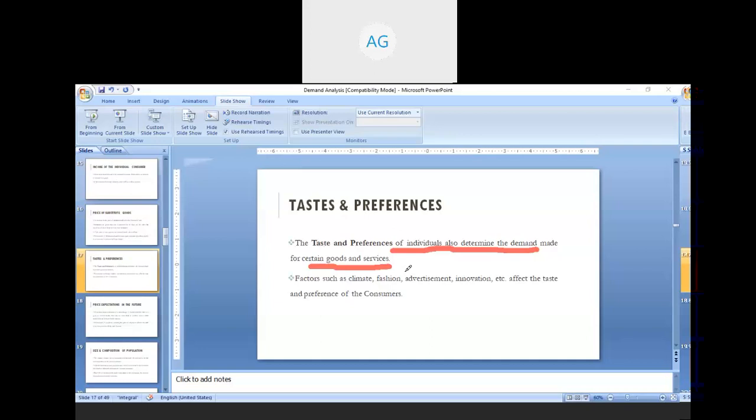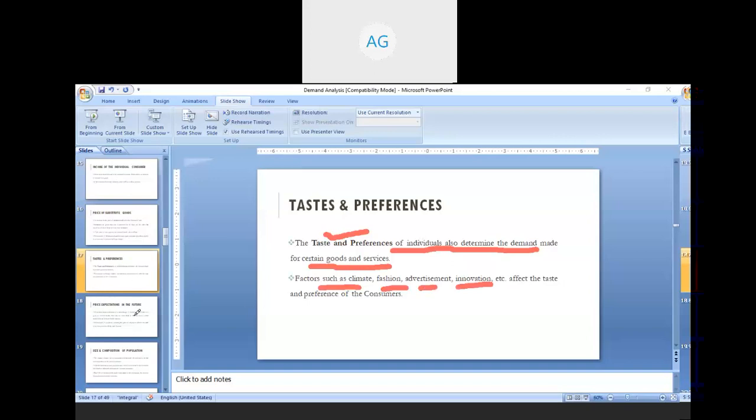So basically the demand for the Maggie product at that time depends on the taste and preferences of the consumer. The factors like climate, fashion, advertisement, innovation, etc., affect the taste and preferences of the consumers. So the major determinant of demand is also the taste and preferences of the consumers.